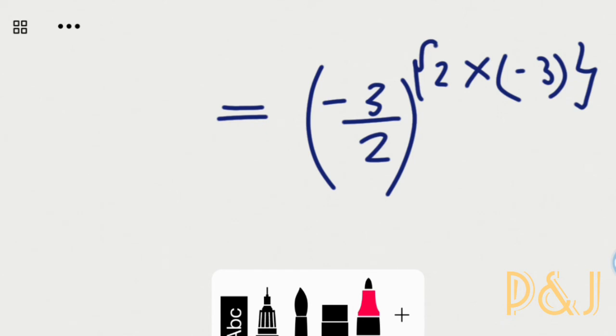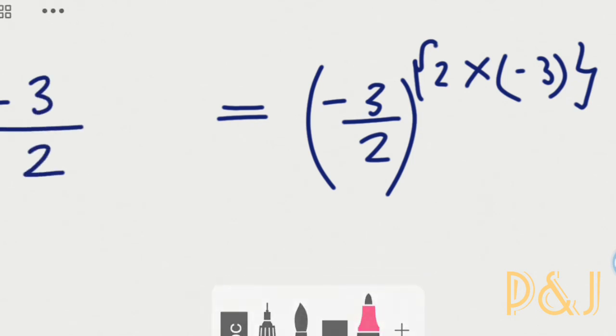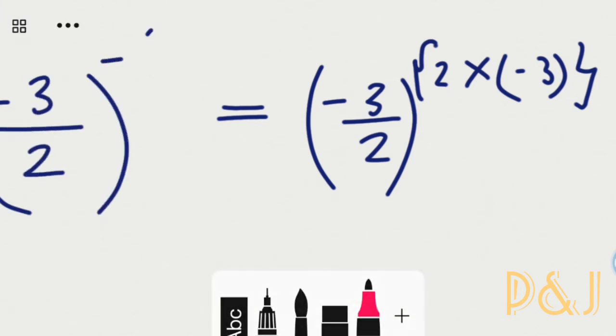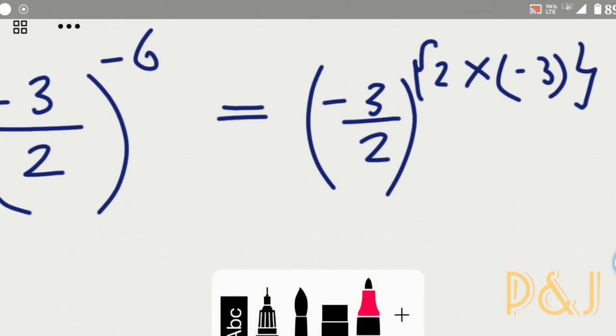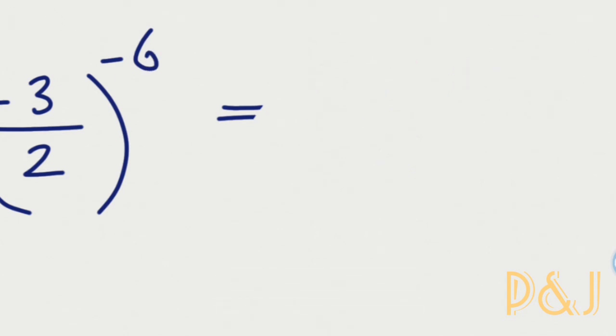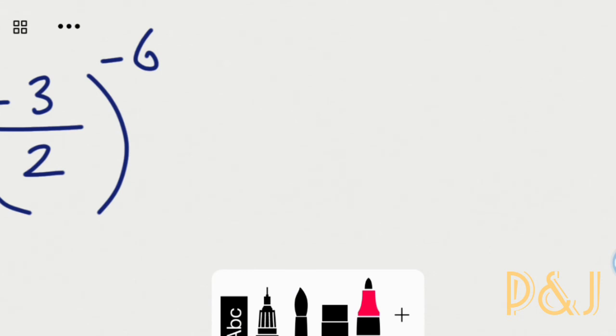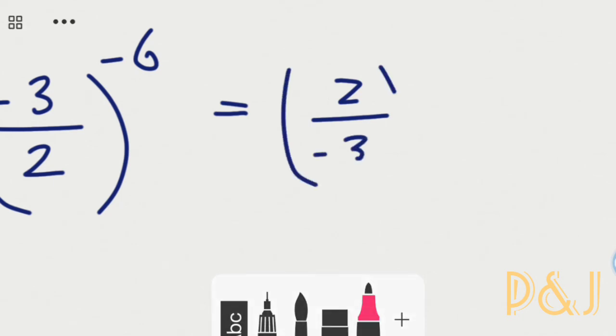So it will be written as minus 3 upon 2 raised to the power minus 6. Got it? Then to remove the minus sign from the exponent, we'll just take the reciprocal. So 2 upon minus 3 raised to the power 6.